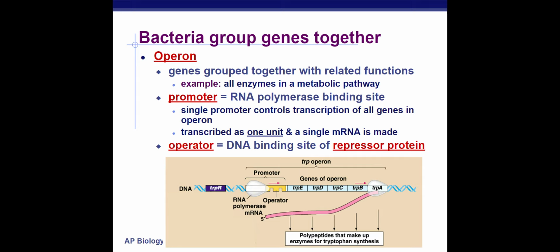Boom, boom, boom. Very clever. As it goes through there, it reads AUG. It starts translation of trp E. It reads a stop, so it releases that enzyme. Then it continues down the script. It finds another start for trp D, and so forth. An operon is the grouping together of all those enzymes in the same metabolic pathway.